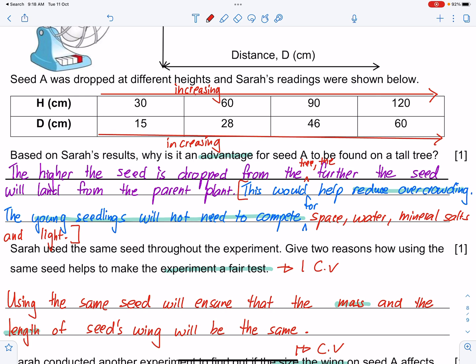Another half mark for telling me what it reduces, which is competition for the 4 important points. Okay, sometimes the mark allocation can change, but these 2 sentences need to come as a single marking point. So it's not good enough to just say overcrowding. I stress, it is not good enough. These 2 things need to come together as one.